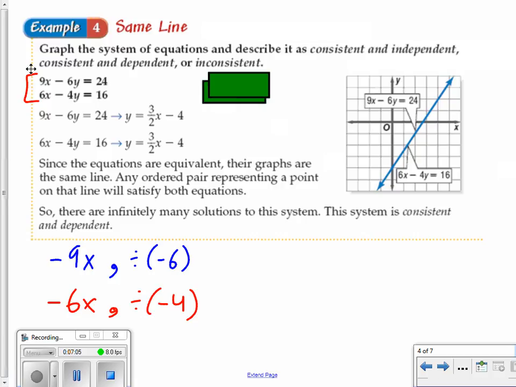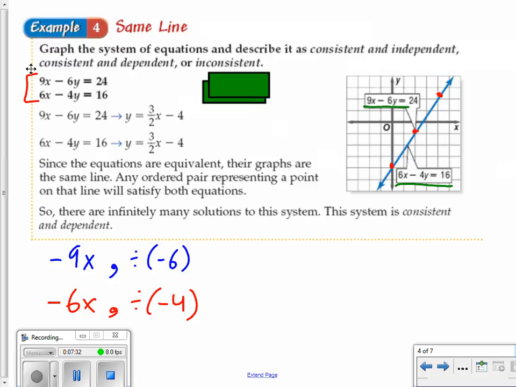We would go down 4, that's going to be our y-intercept, and we go up 3 over 2, up 3 over 2, and so on to make our line. Now again, when we do that, that line is actually going to be graphing both of our equations. Again, you'll notice both of our equations are labeled as this line. So it means they're the same exact thing.